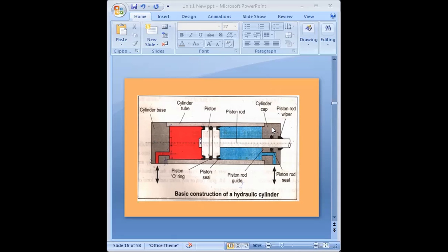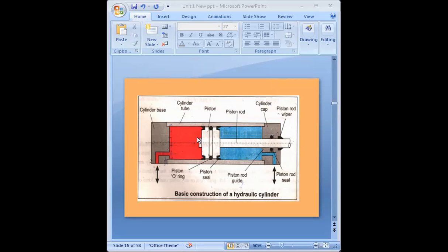At both sides you will have the cylinder head and the cap.